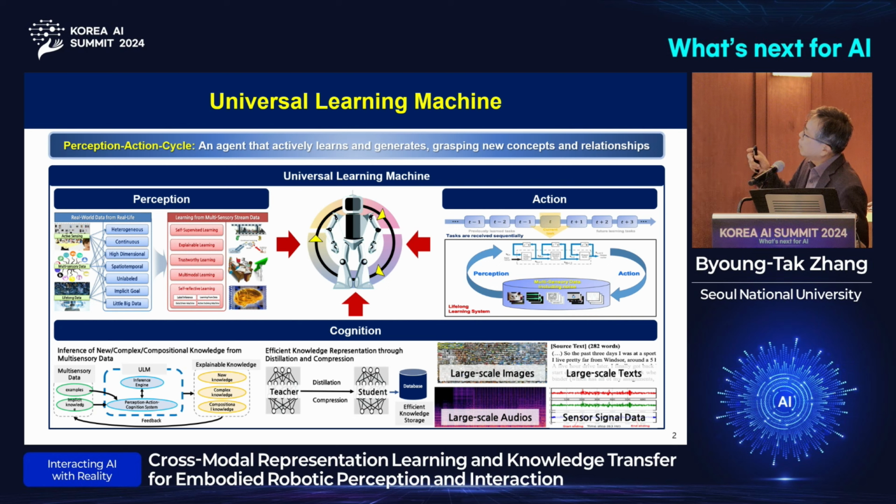Action is basically sequential, especially in an embodied situation. So perception is very much the multisensory part I told you already, and cognition is very much from bottom-up to top-down. So it's kind of a bootstrapping.